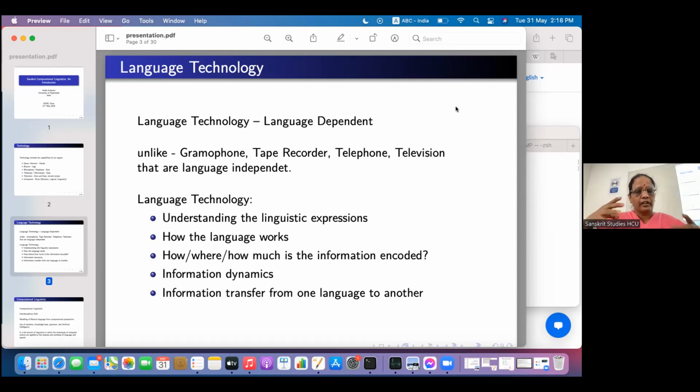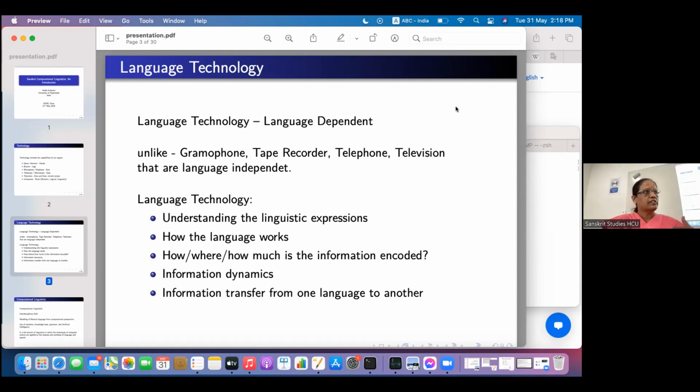So once we started using computers for language, for understanding communication, naturally, people were interested in knowing how the language works, where the information is encoded, how it is encoded, what the information dynamics is, how, when you use different kinds of words in a sentence, the information flows, because different kinds of word units will give rise to different kinds of sentences, different kinds of information, etc. So what is the information dynamics that is taking place?